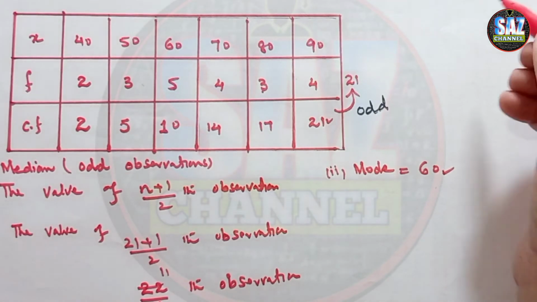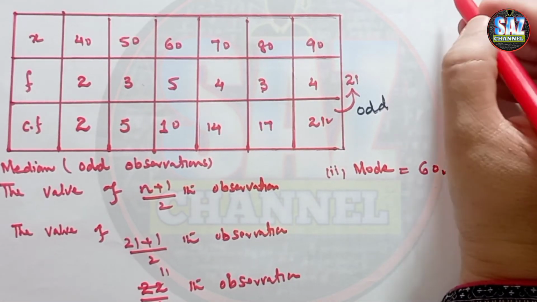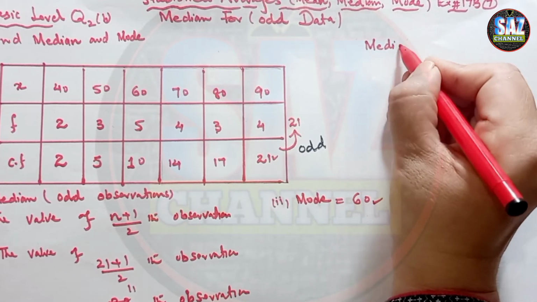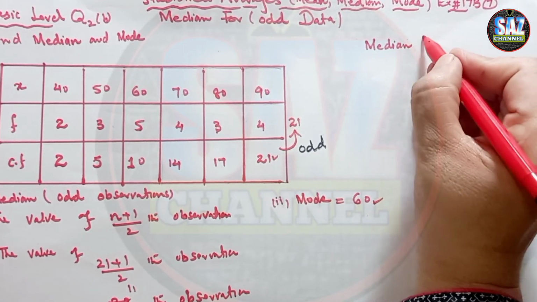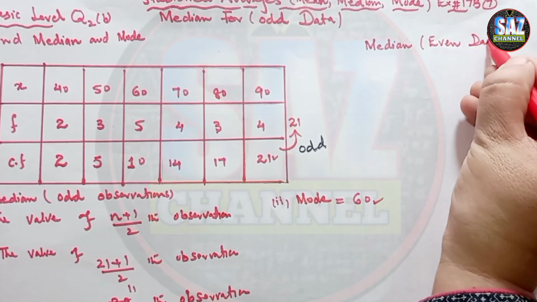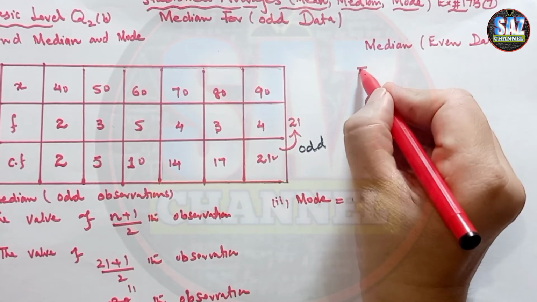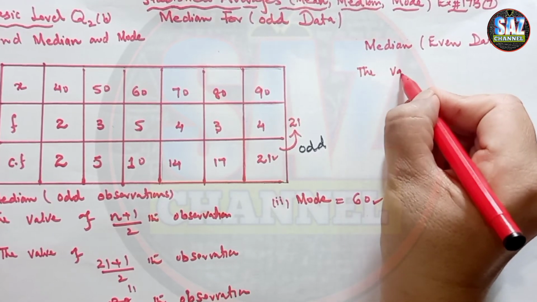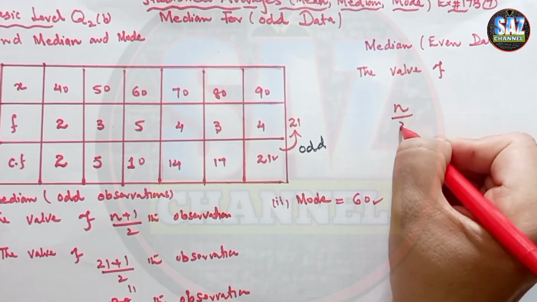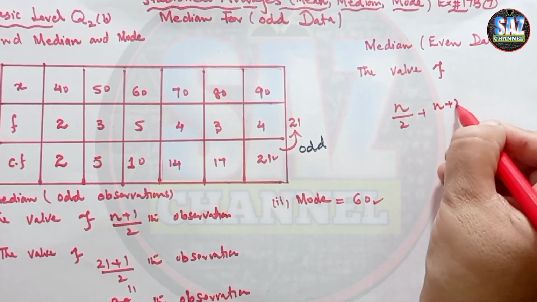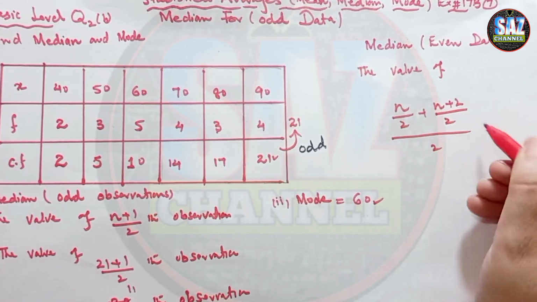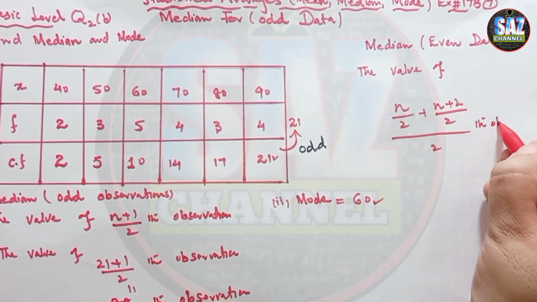Let's write down the formulas for the median of grouped data, for even and odd. For even data, the formula is the value of (n by 2 plus (n plus 2) over 2) whole over 2 observation.